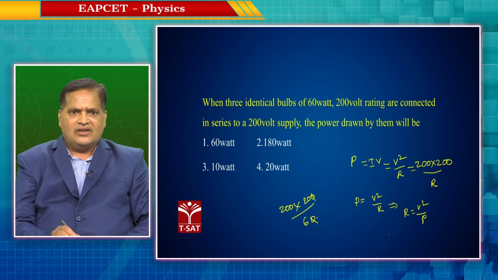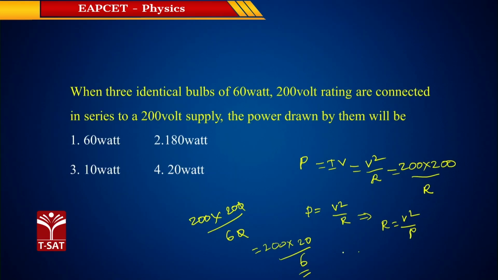Cut it. 200 into 20/6. Okay, here this value you calculate, and therefore here R maximum is equal to 3R.